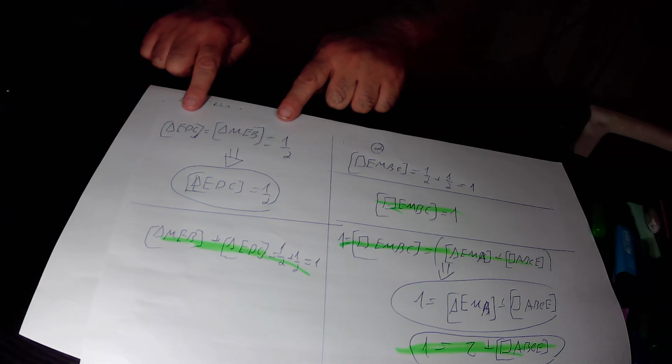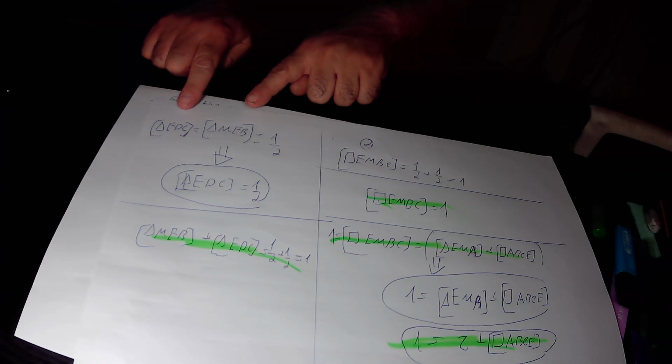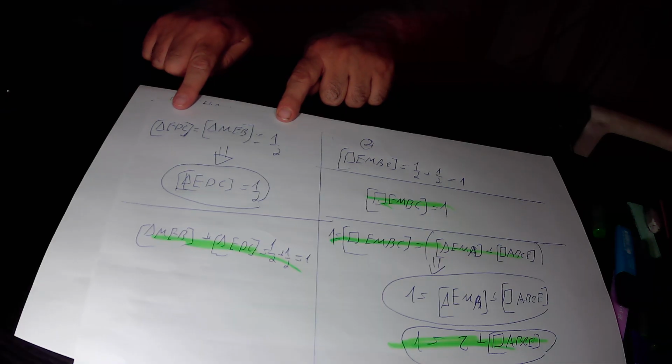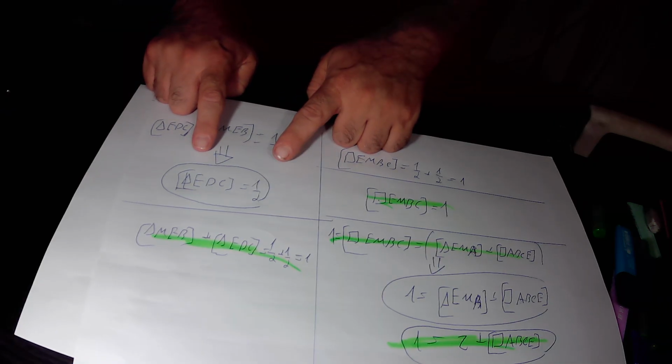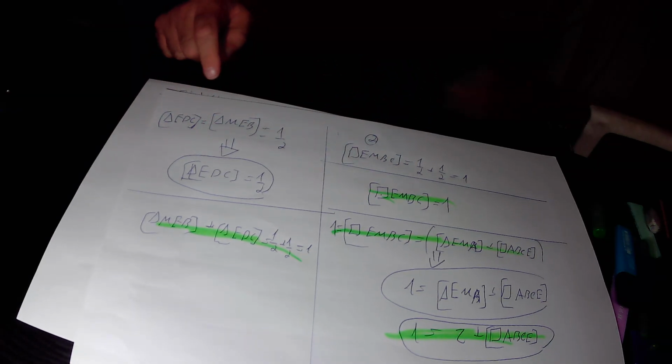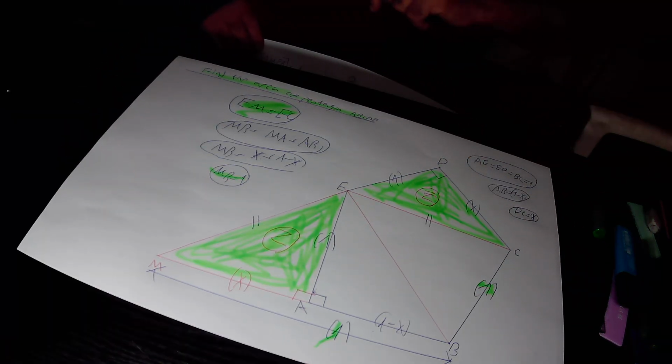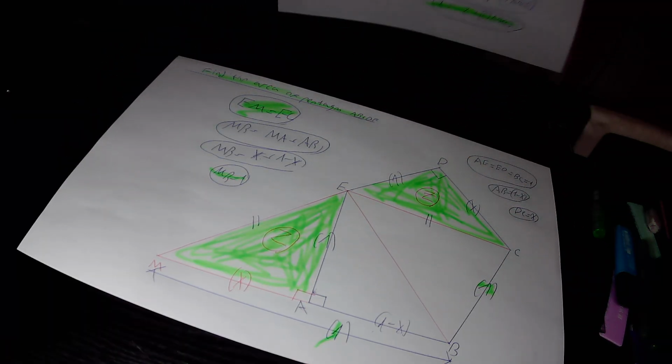From this equation, we derive that the area of triangle EBC is also equal to 1/2 square unit in size.